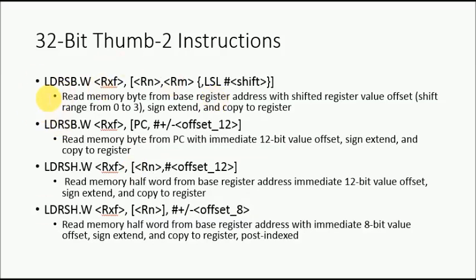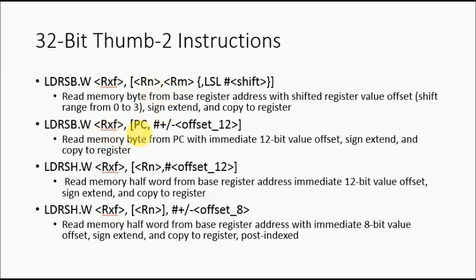LDRSB.W, LDRSB.W. You compare these two instructions. Now here RxF is the destination register. The data from memory will be loaded into the RxF register. Here the base address is Rn, whereas here the base address is PC.